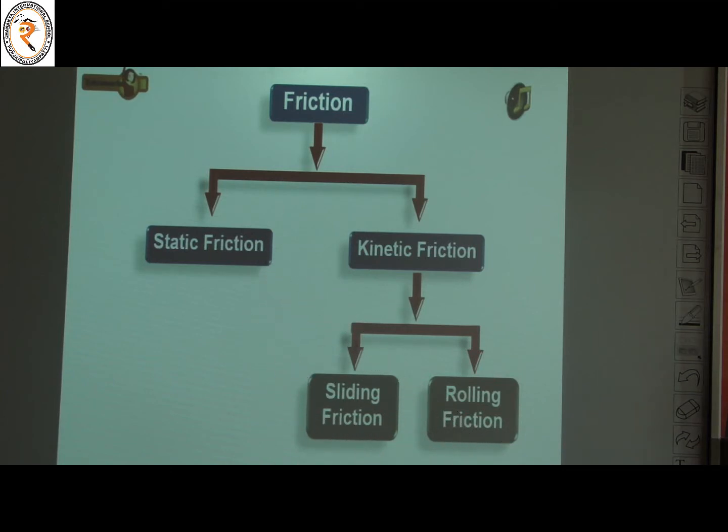Static means there is no movement. The object is at rest, that is called static. What is called kinetic? Kinetic means motion. A body moves from one place to another. So that is called kinetic friction. This kinetic friction is further divided into sliding friction and rolling friction.